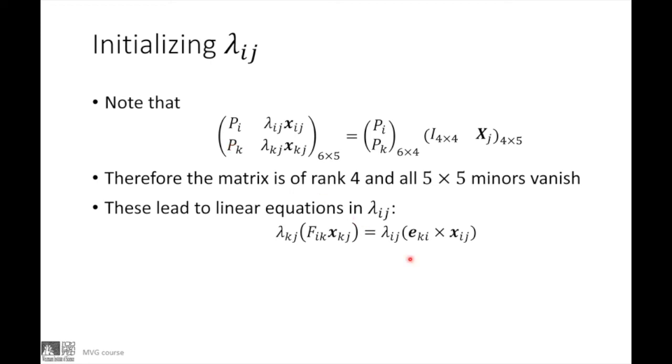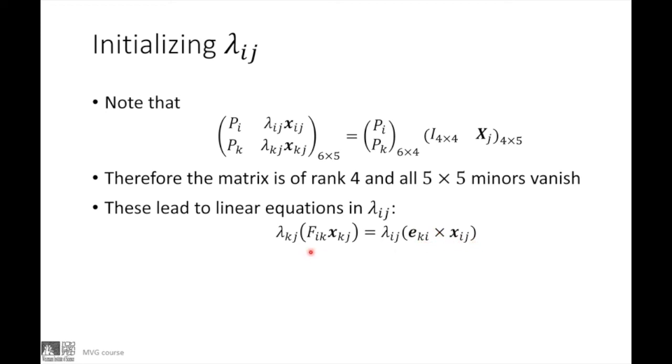Again, I won't go through the derivation, but you can imagine what's going on here. We get an equation that takes into account the fundamental matrix between picture i and k, Fik, times xkj here. And this is the cross product with the epipole between image k and i, and xij.